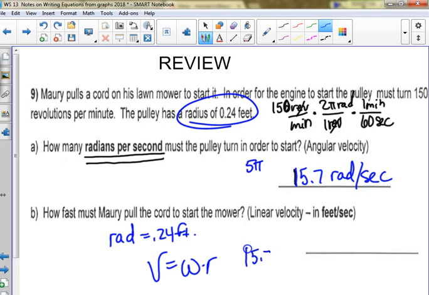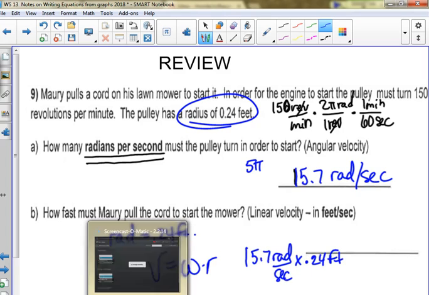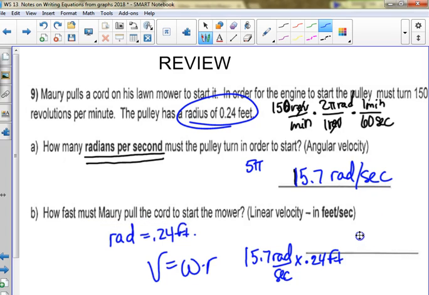So 15.7, or 5 pi radians per second, times 0.24 feet will give me feet per second. I got 3.8 if I round to the nearest tenth. 3.77 is a beautiful thing. I don't know what it comes out to if you leave it in pi, but anyway.